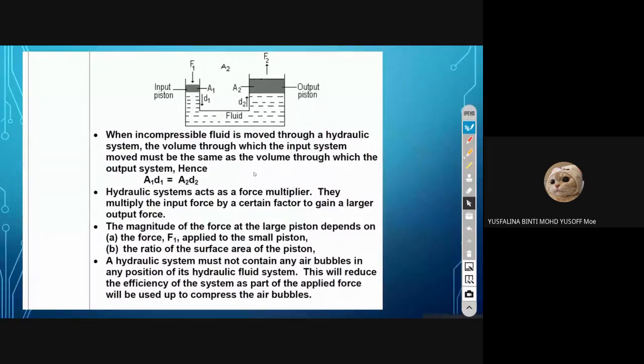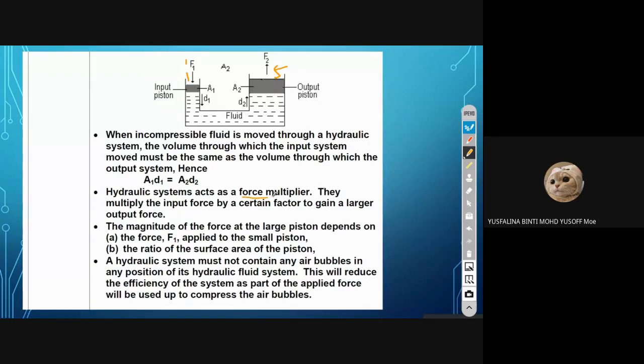They multiply the input force by a certain factor to get a large output force. The area ratio here is 1 to 5. So if you give one unit of force here, about 5 times the force is produced compared to F1. If I put 10 N here, 50 N should be produced.